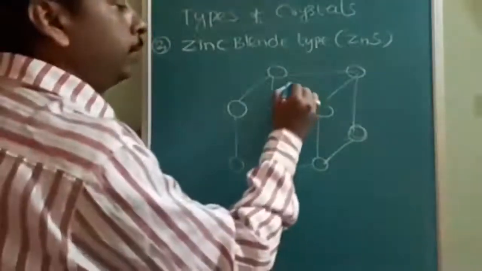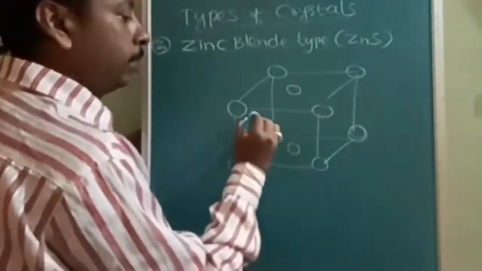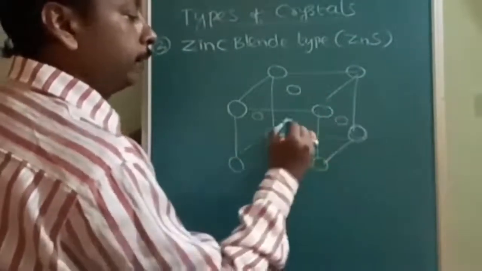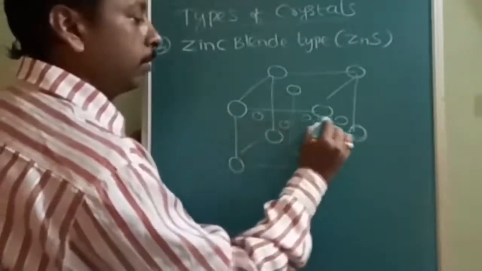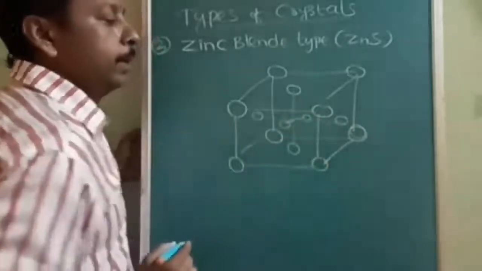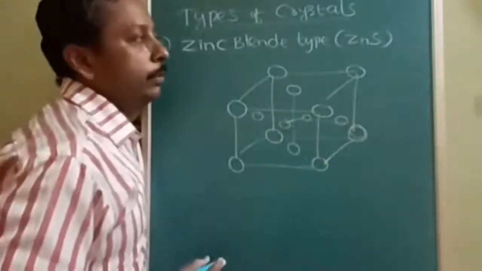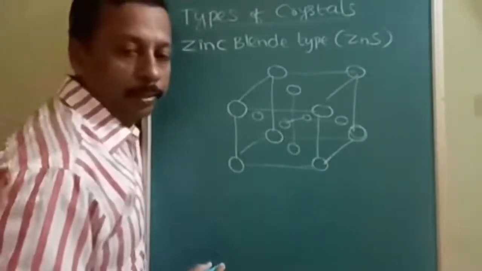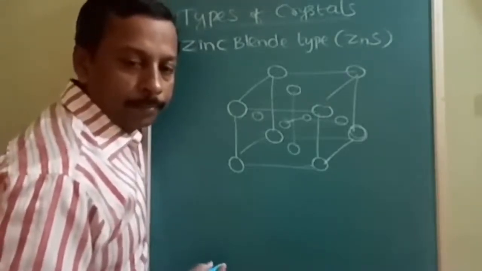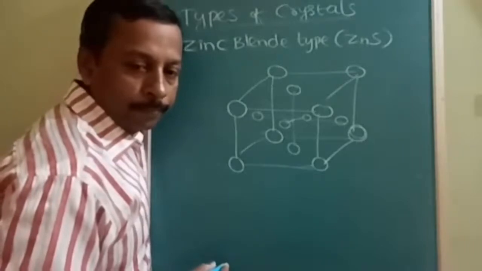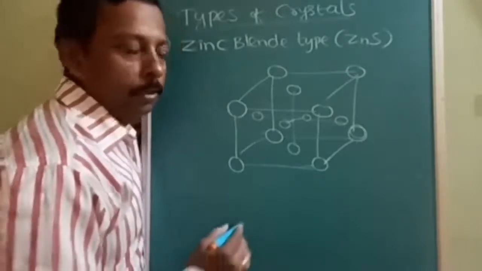So here: top face center, bottom face center, left and right, front and back. This is the FCC lattice formed by sulfur 2 negative. Now see here.